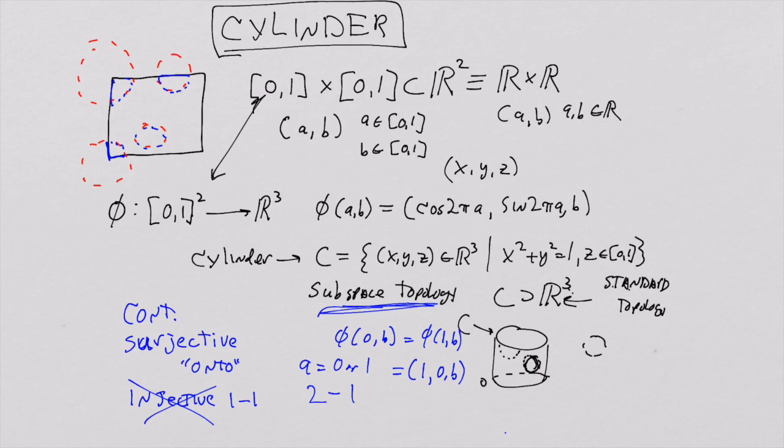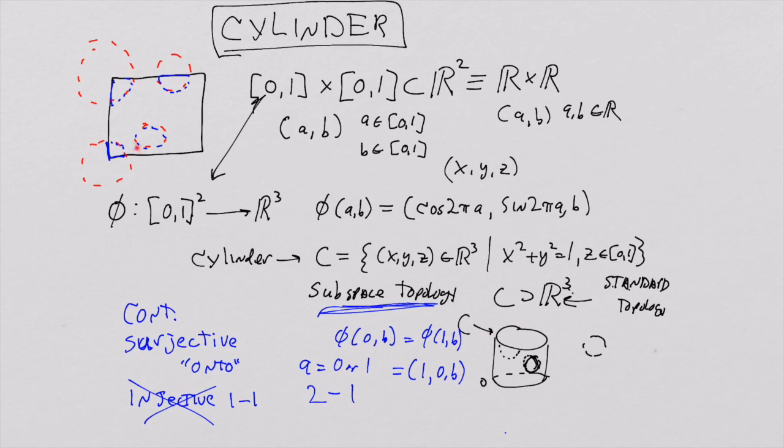The goal was to show how we can take a square under a particular equivalence relation and get something homeomorphic to a cylinder. So the quotient space of a square under a particular equivalence relation gives you a cylinder.